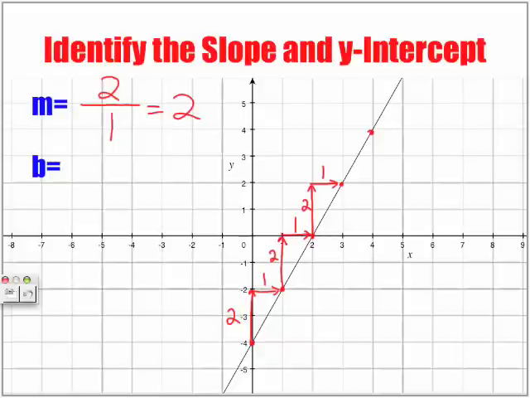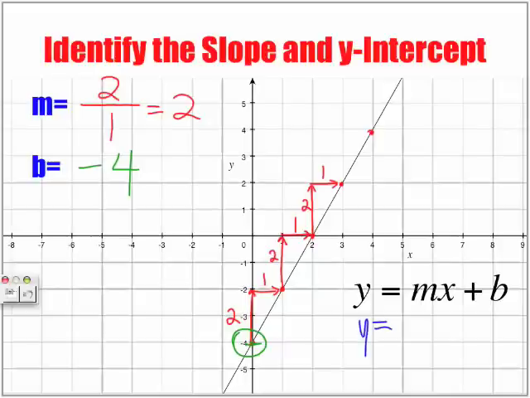Now, where is our y-intercept? So where does this line cross the y-axis? And it does it right here, when we have y is equal to -4. So therefore, how do we put the equation together? Well, here's our equation. Y is equal to mx plus b. So, y is equal to, what is our m value?